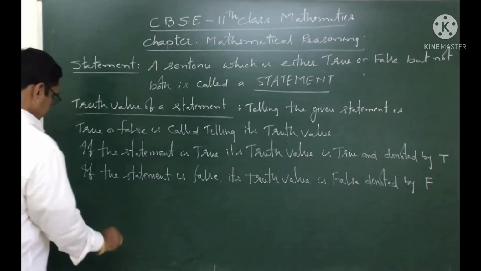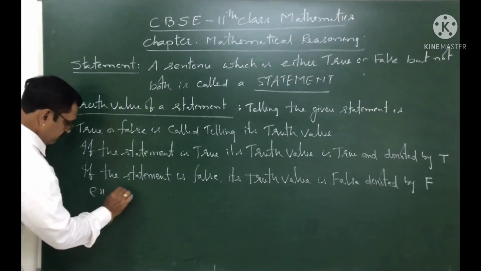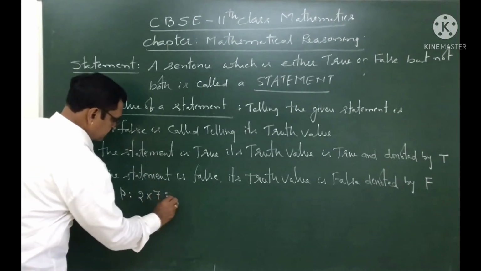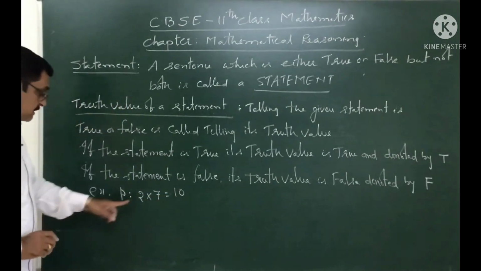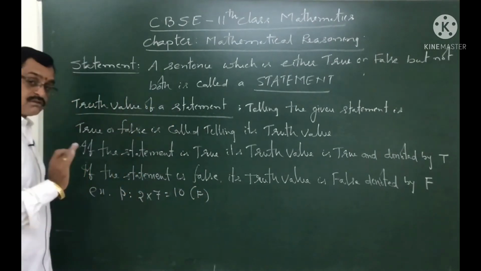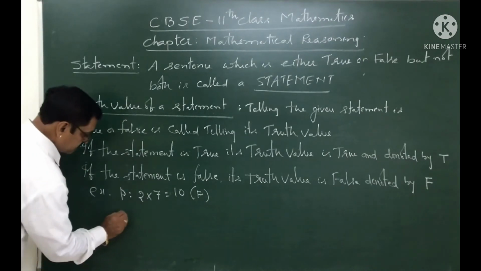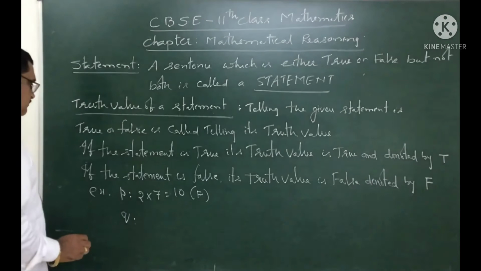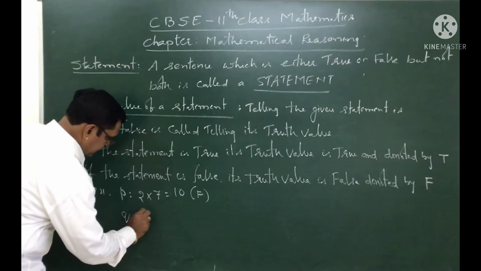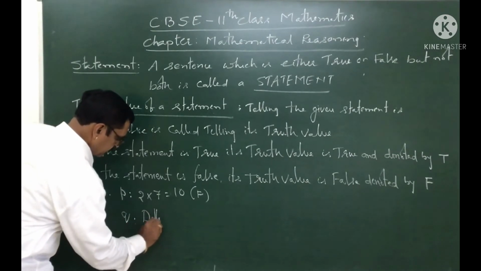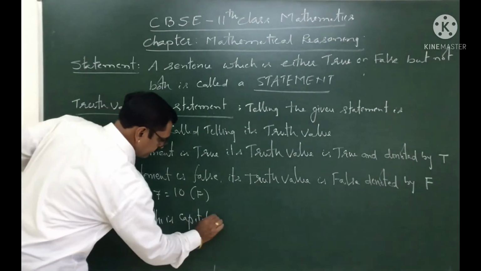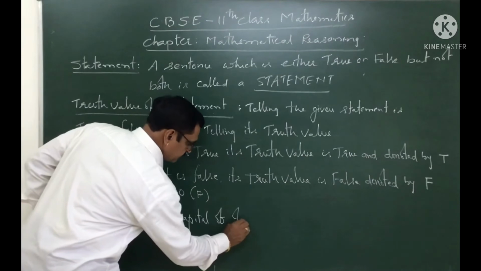For example, I have P as the statement: 2 times 7 is equal to 10. It is false, so simply we write its truth value is false, denoted by F. And I have another statement, Q: Delhi is the capital of India.